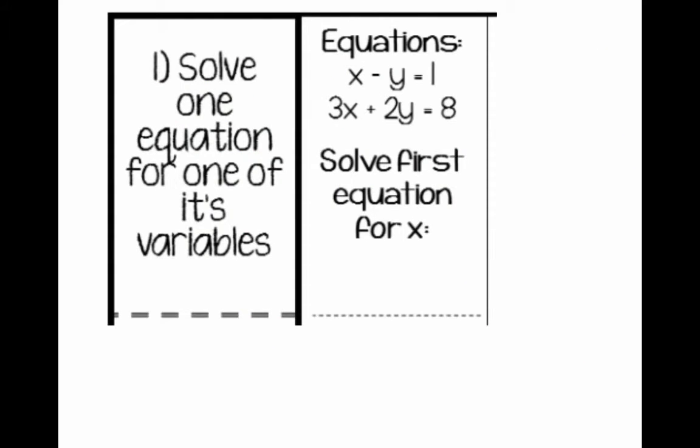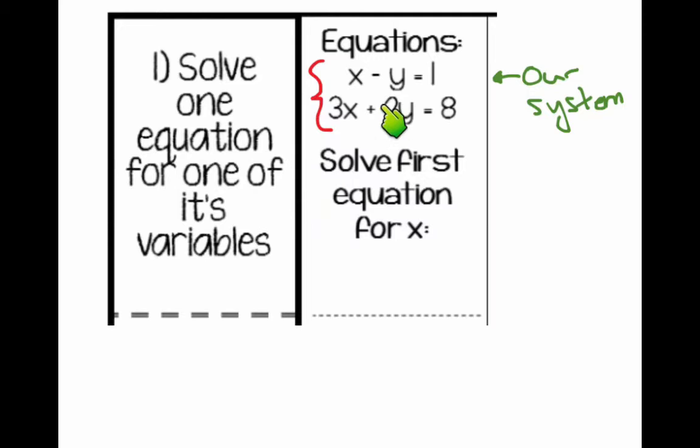All right, so here are your notes. And so what we have is our two equations. That is our system of equations, just like you had before when you solved by graphing. And the first thing we need to do is solve either one of these equations for one of its variables.